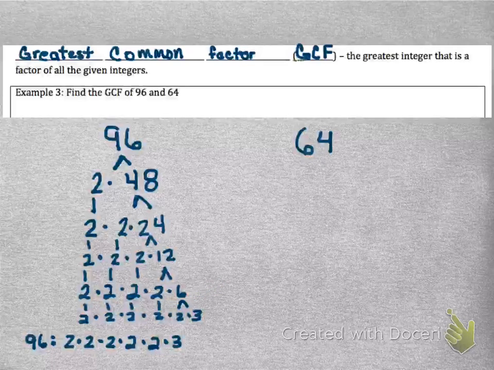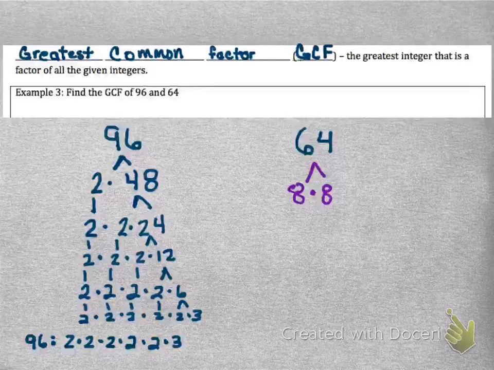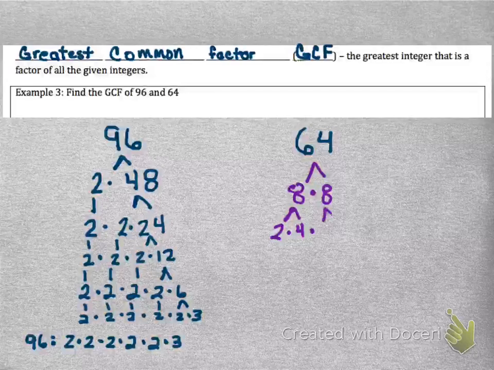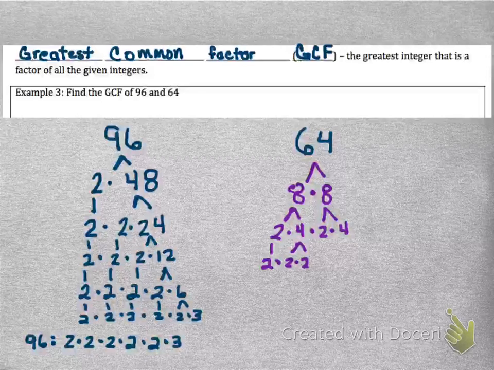And then for 64, I want to break into its primes. 64 is even, and I know it's divisible by 8 as well. I know that it's 8 squared, so I'm going to try and break that up by 8s. And that is 8 times 8 is 64. Now 8 is not prime, so I can break that down into 2 times 4 and 2 times 4. 2 is prime. 4 I can break into 2 times 2. 2 is prime. And 4 I can break into 2 times 2.